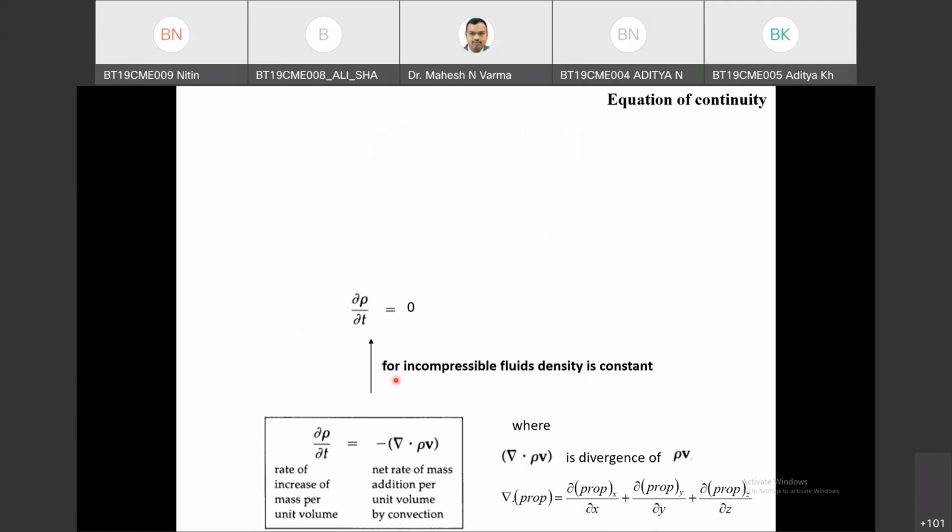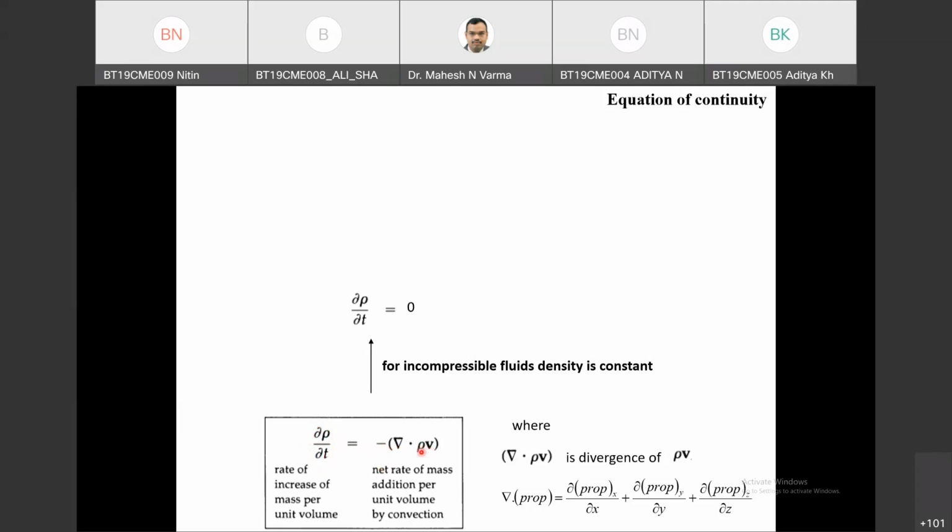Then for incompressible fluid with constant density, d rho by dt will be equal to 0. My density is constant, so variation of density with respect to time is 0. I can take this out of this differential operator.